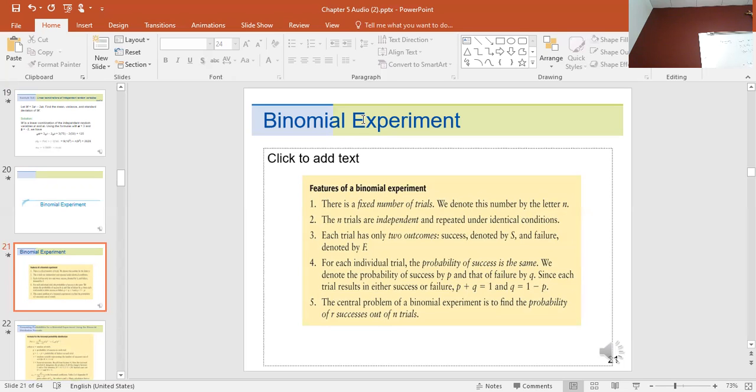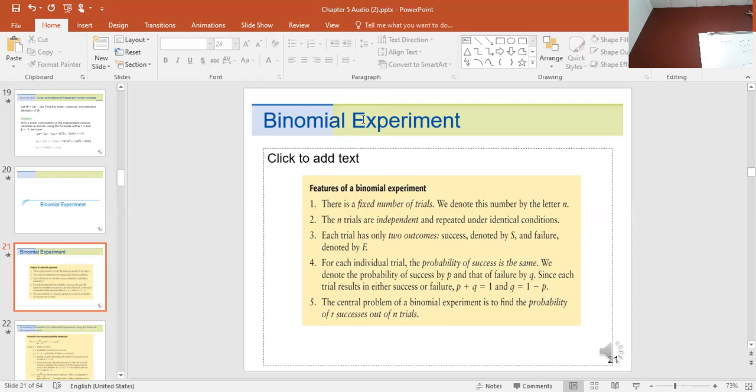The probability of success at each trial remains the same, and is denoted by P. P equals the probability of success.